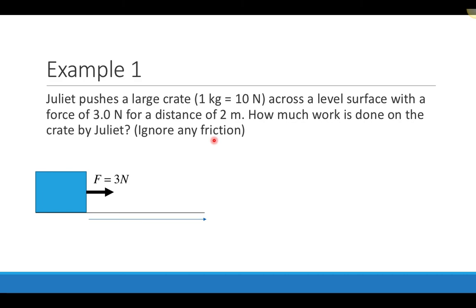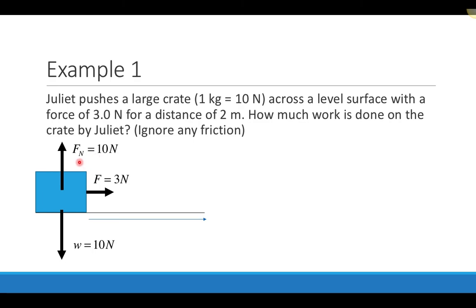Before we go too far into this particular problem, we should think about, are there any other forces that are acting on the crate? Of course, one of the forces acting on the crate would be the force of gravity, or the weight, which acts vertically downward. And also, because the crate is sitting on a surface, there's actually a contact force or a normal force.